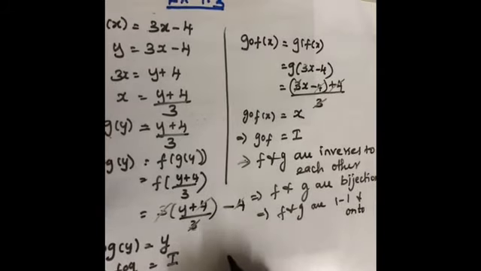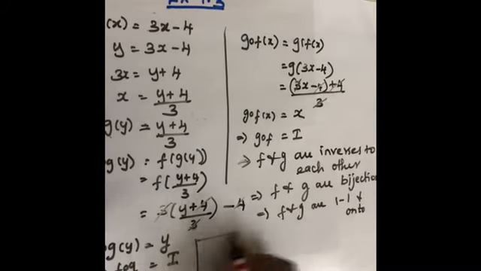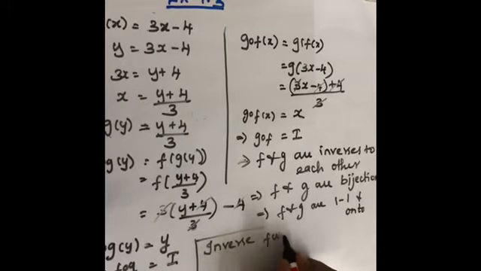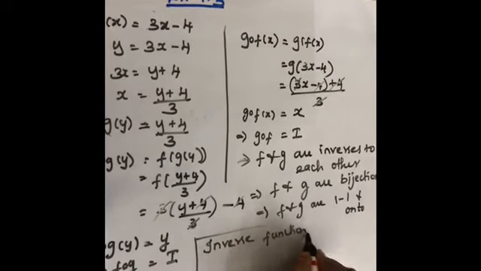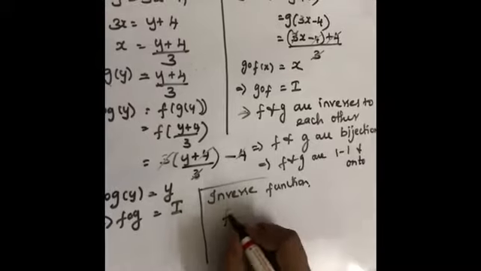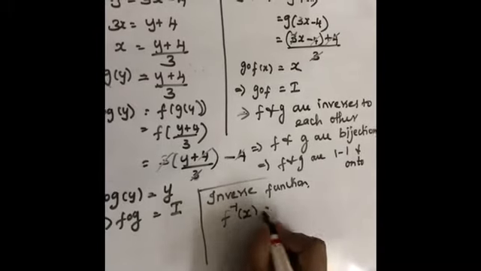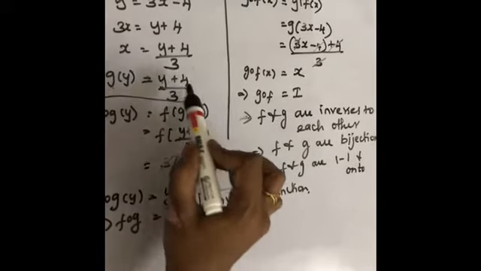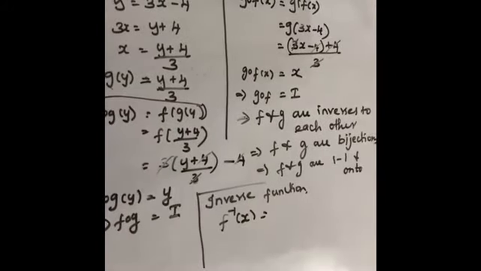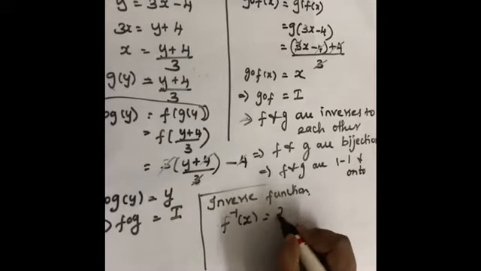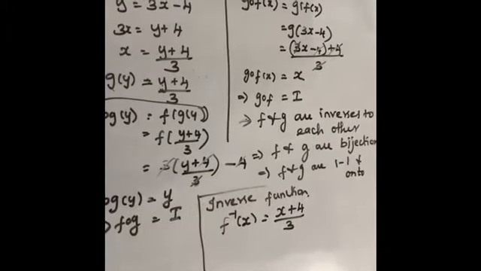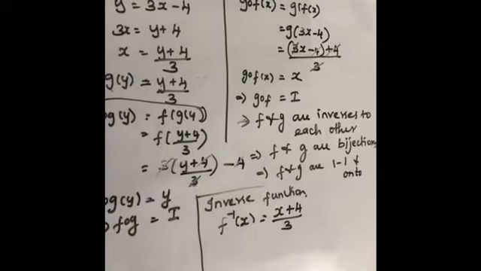So, inverse function, how we have to write? f inverse of x, right? So, f inverse of x is equal to, in g of y, instead of y we have to substitute x and write the inverse function. So, x plus 4 divided by 3. This is the inverse function and we have proved that it is also a function.